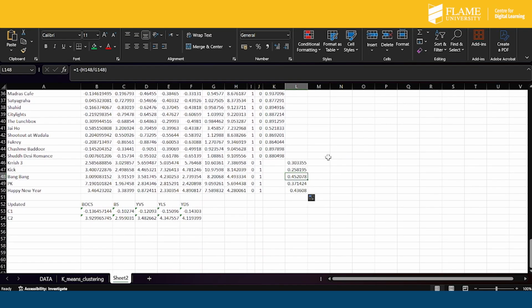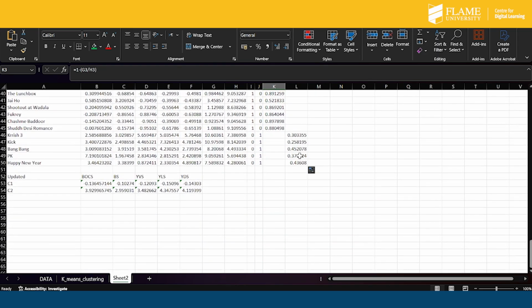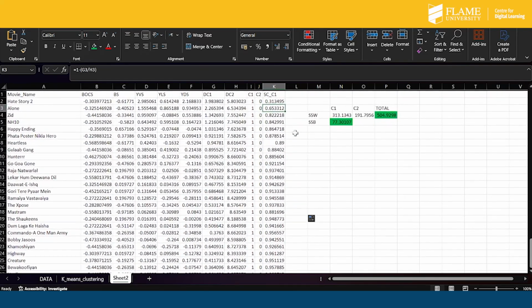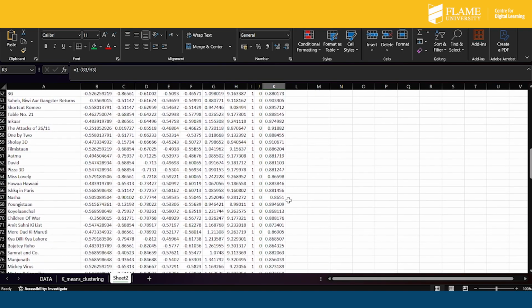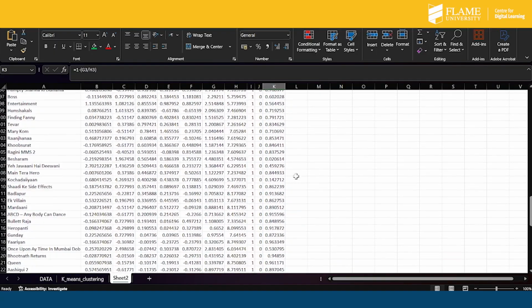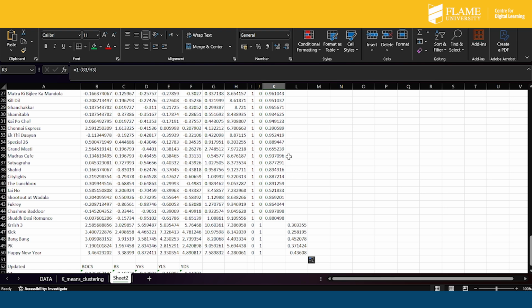So we can easily conclude that Alone is more suitable for cluster 1 in comparison to Bang Bang in cluster 2. So cluster quality wise, you can consider taking a sum of these, or just by comparing the silhouette scores, you can easily find out who is actually a proper member of that particular cluster.